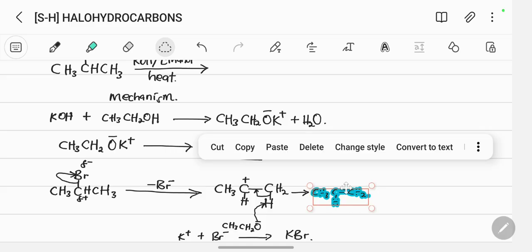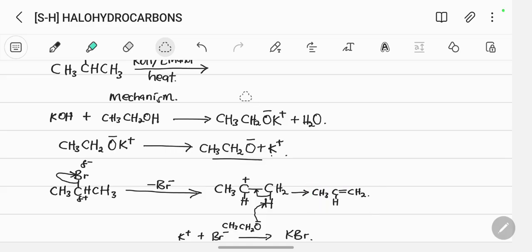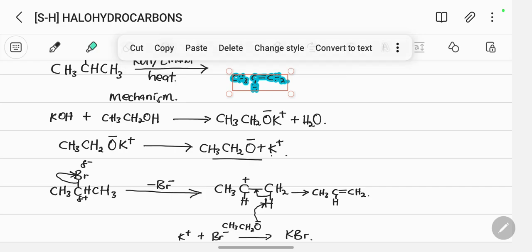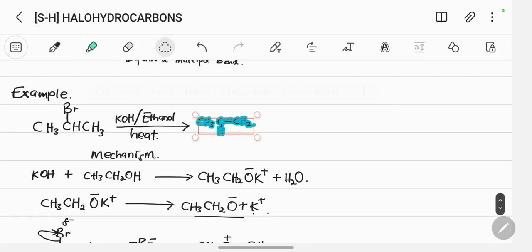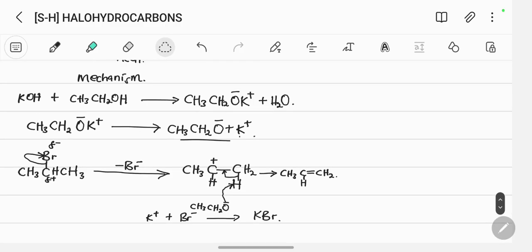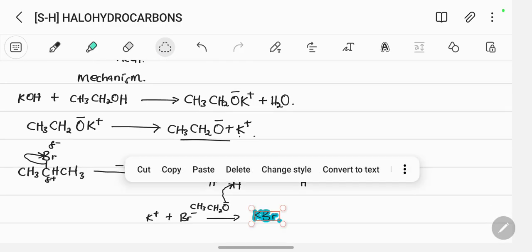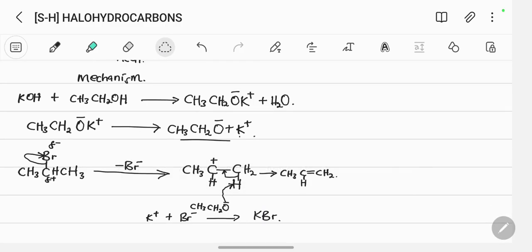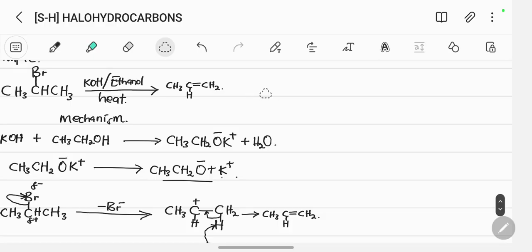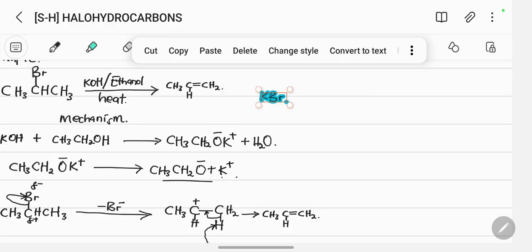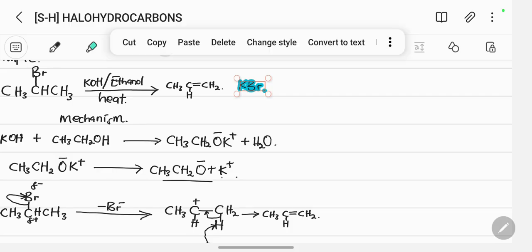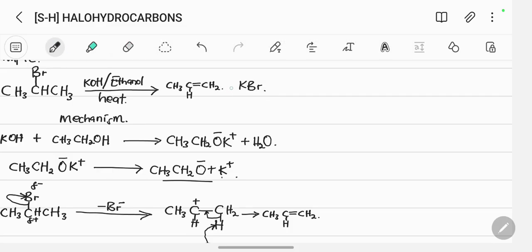Position it there, and the potassium bromide also position it there. So we shall add there a plus, like that.